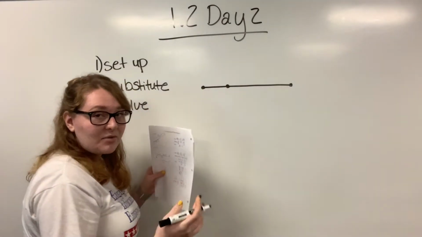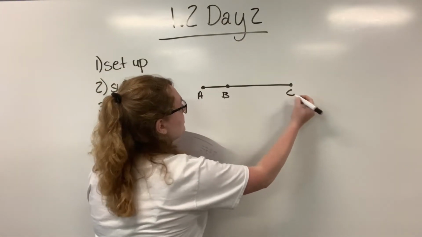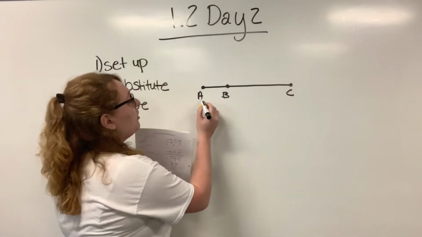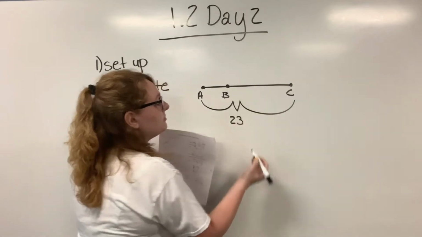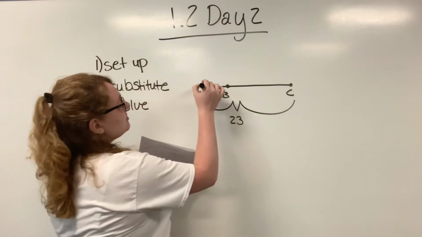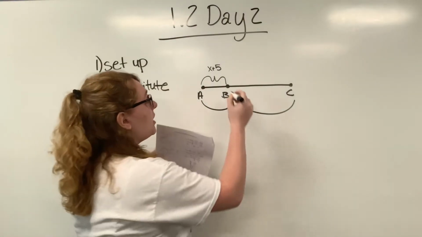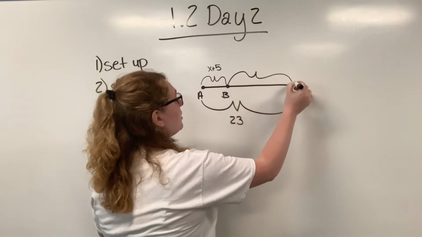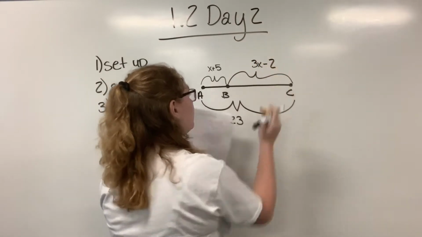So let's say we have another segment between A, B, and C. And we know that the whole thing is equal to 23. But the distance between A and B is X plus 5. And the second chunk is 3X minus 2.